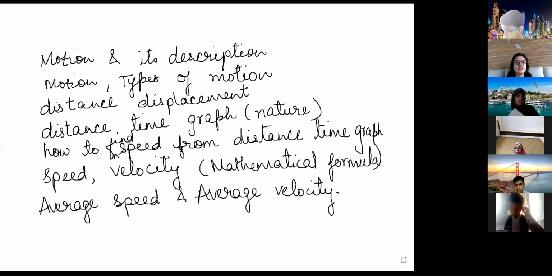This is still exercise. Position time graph and distance time graph is same. Okay. Page number 209.